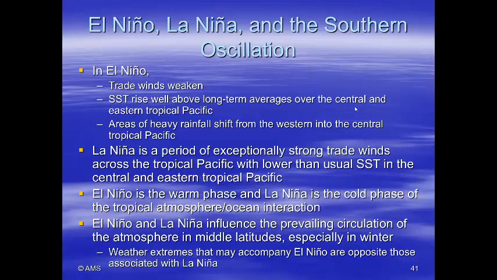El Nino and La Nina influence the prevailing circulation of the atmosphere in the middle latitudes, especially in winter. So the weather extremes that may accompany El Nino are opposite those associated with La Nina.